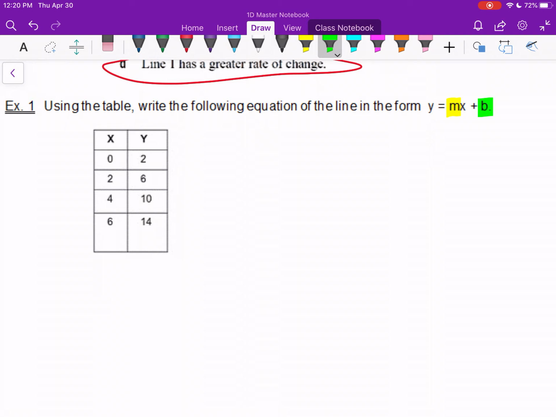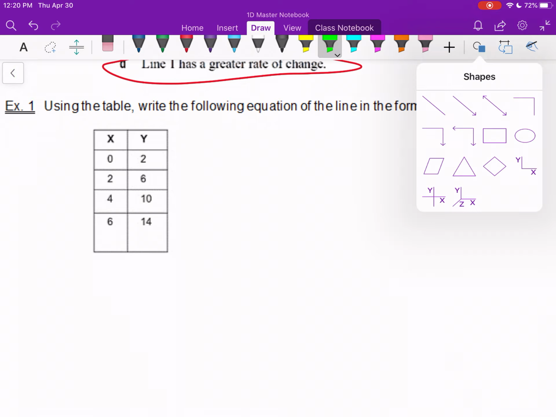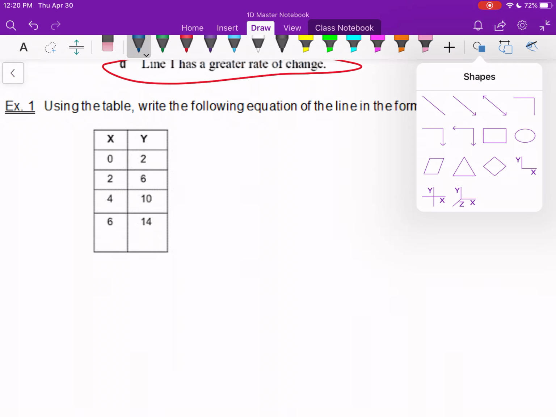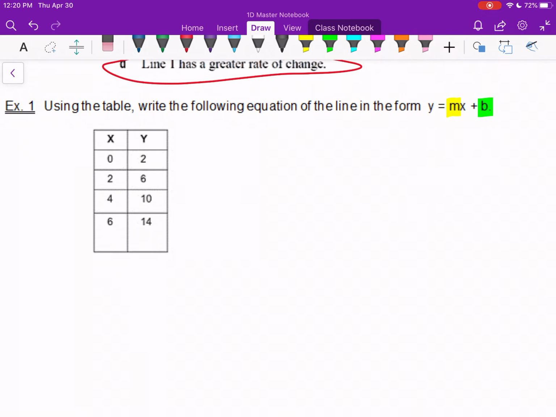Remember that y-intercepts occur when x equals 0. Let's just do a little visual of this. Here is a random graph, y, x. Let's throw a line across it somehow.